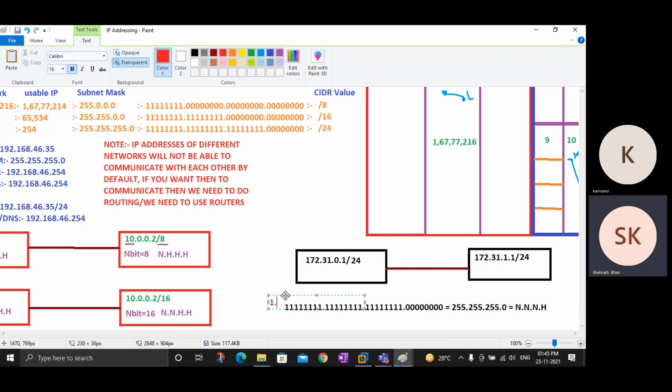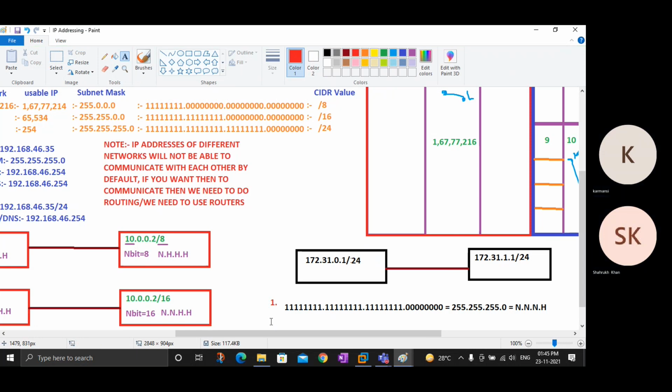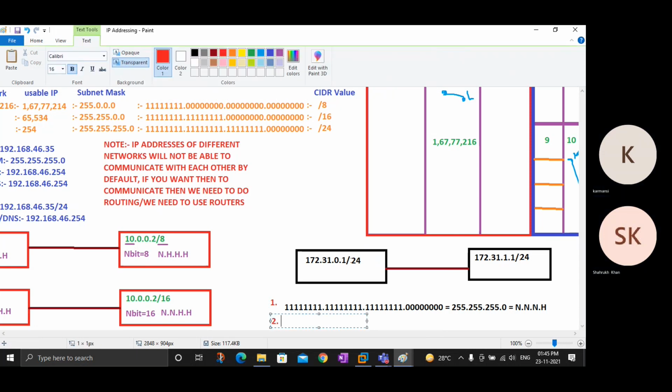And the second point is whether the network blocks are the same for both IPs. If they are not similar, they will not be able to communicate. If they are similar, that means they are on the same network and they can communicate easily.